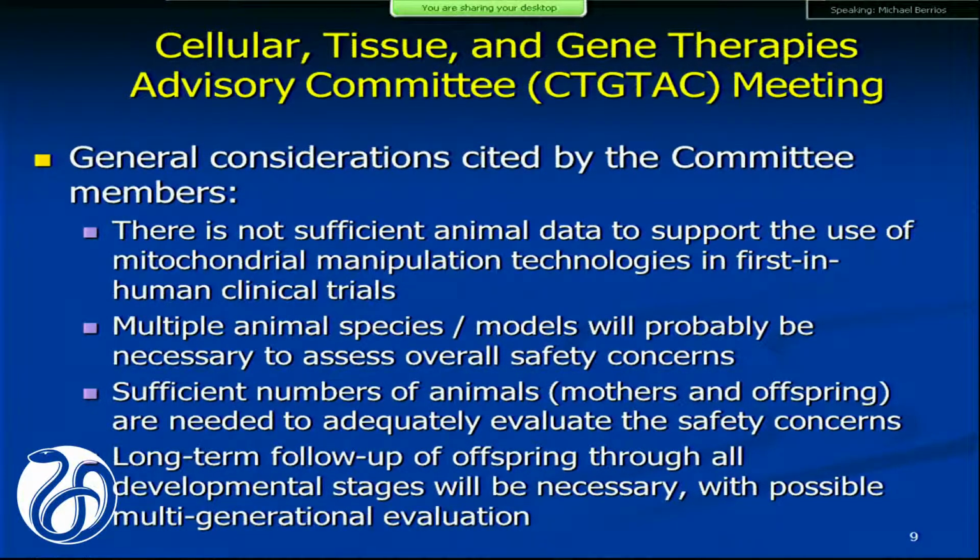And for the studies in animals, multiple animal species models will probably be necessary to assess overall safety concerns. Sufficient numbers of animals, including both mothers and offspring, are needed to adequately evaluate the safety concerns. And long-term follow-up of offspring throughout developmental stages will be necessary, with possible multi-generational evaluation.